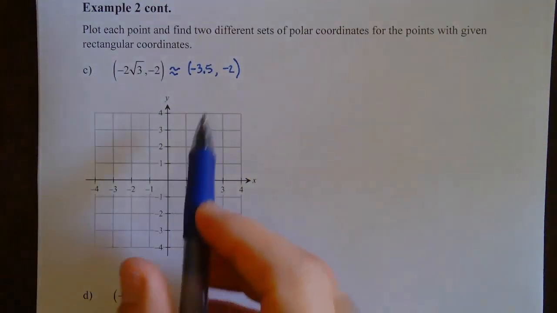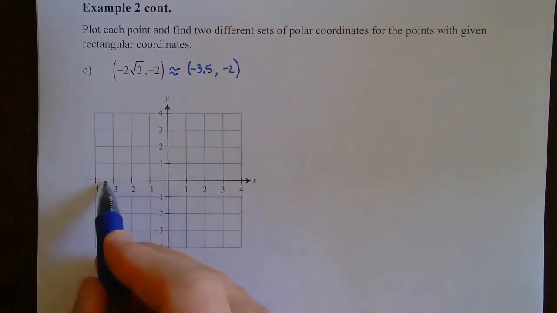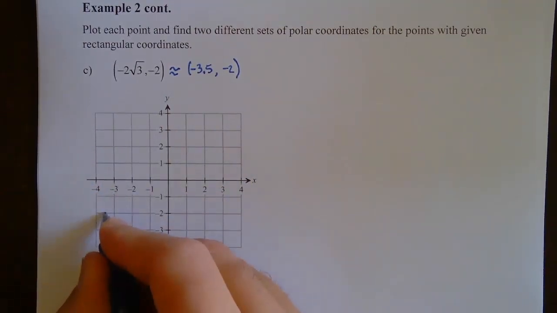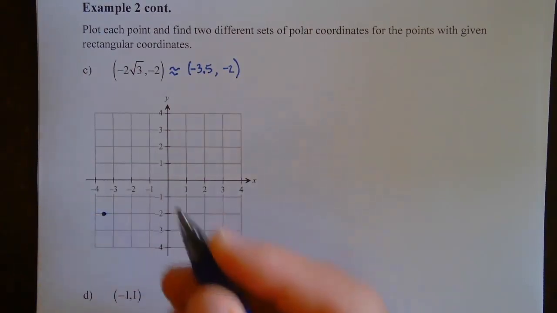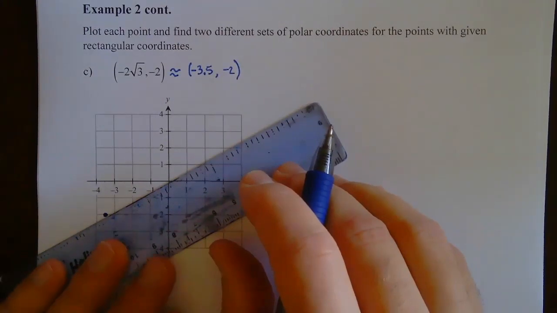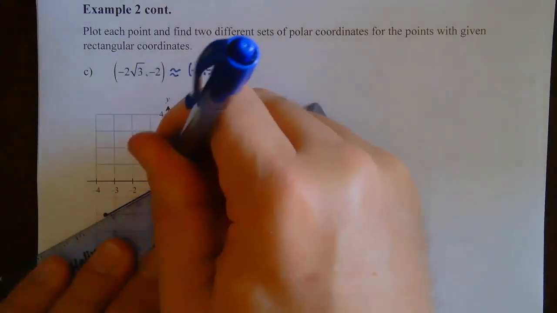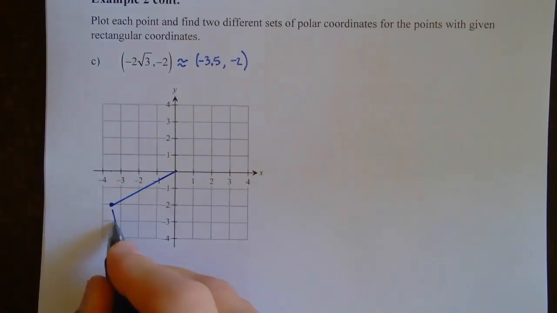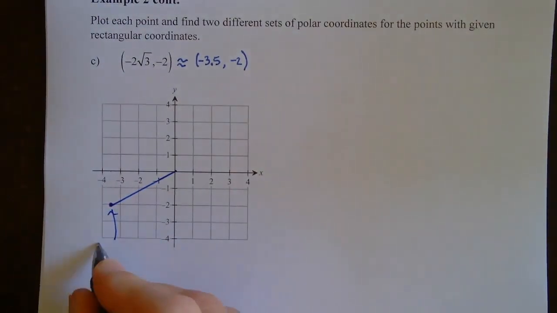So we're going to go left and down: negative 3.5 roughly here, and then negative 2 right here. So that's the point right here, negative 2 square roots of 3, comma, negative 2.